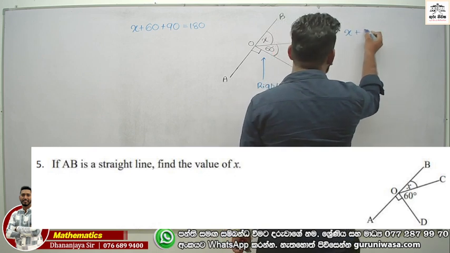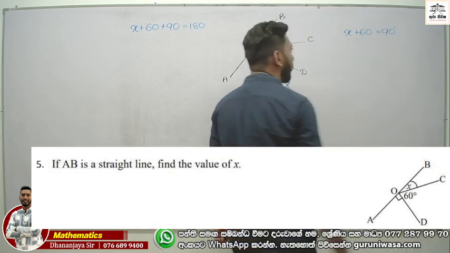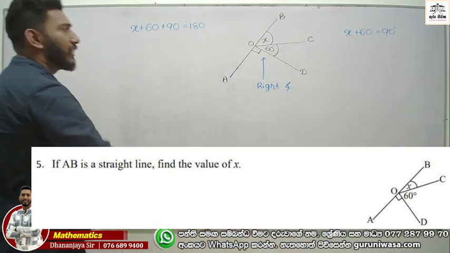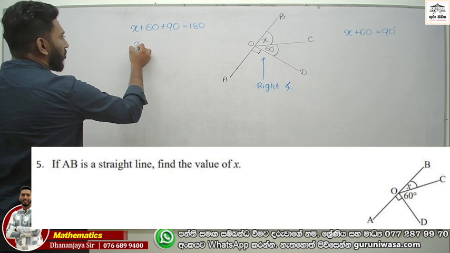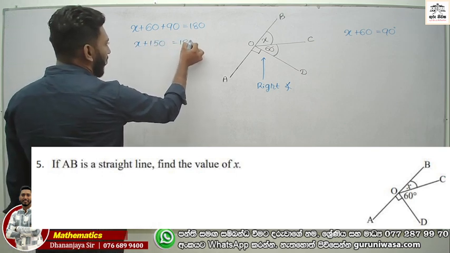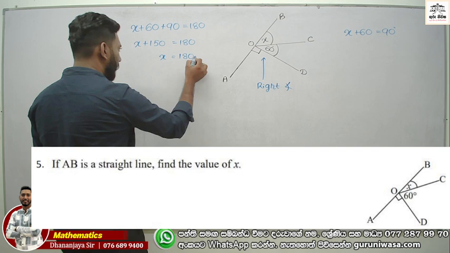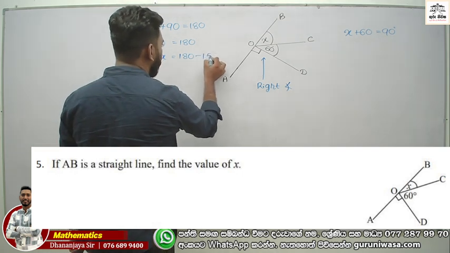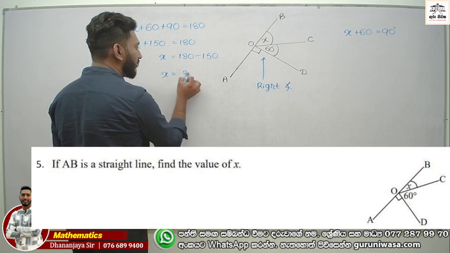Therefore x plus 60 should be 90 degrees. Or you can use this one: x plus 150 equals 180. Now I'm going to subtract 150 from 180. Now the answer becomes 30 degrees.